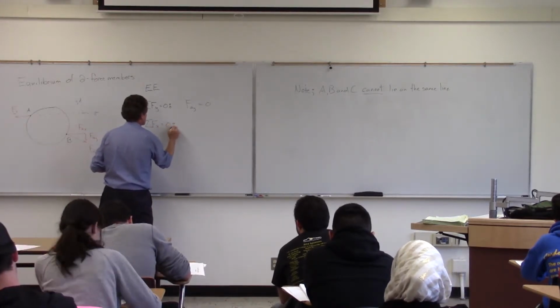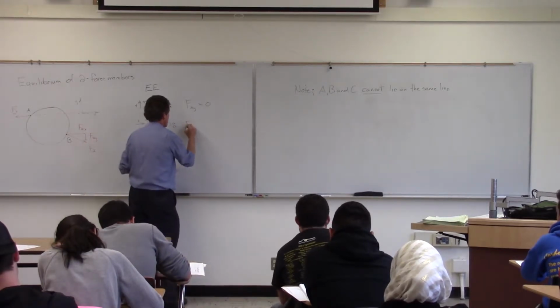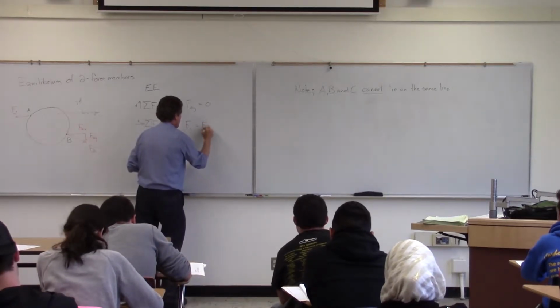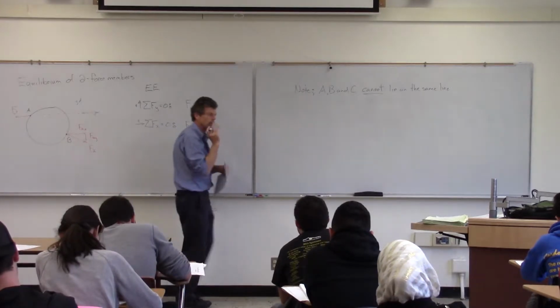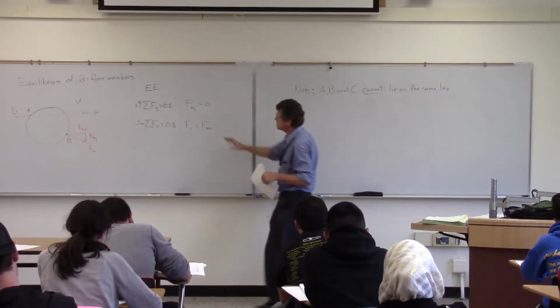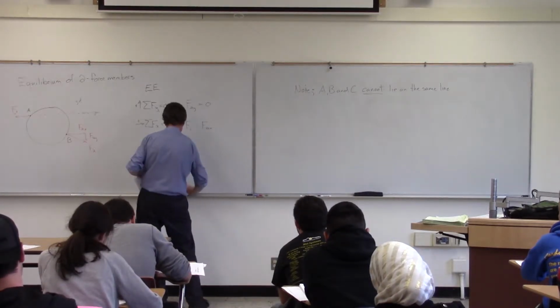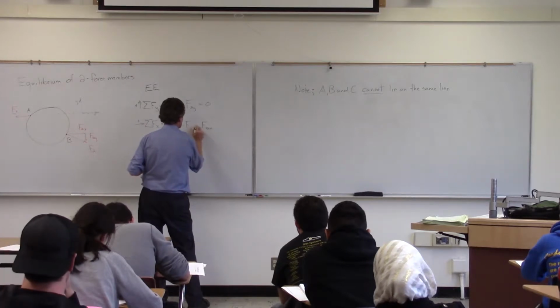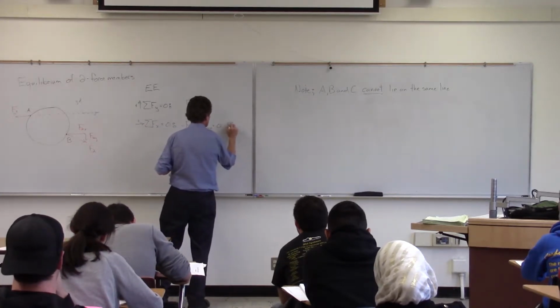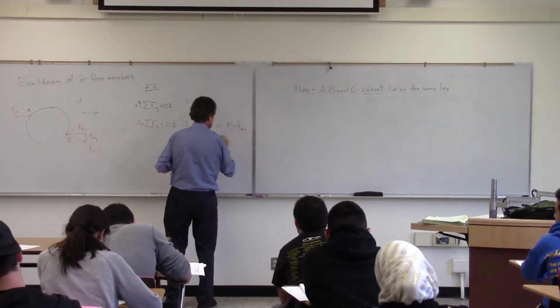Matter of fact, we'll go so far as to let some forces act in the x direction. And what we find then is that, to be proper here, F1 minus... equals 0, which says F1 is equal to F2x.